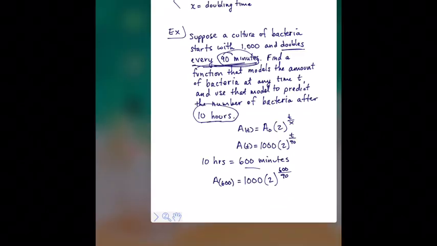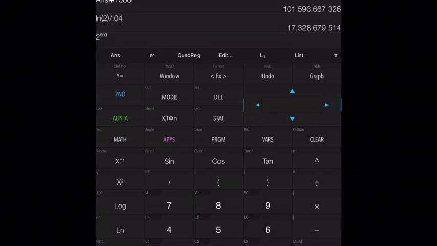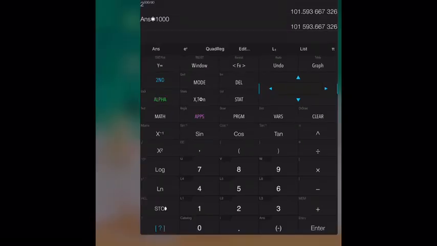And this is now a calculator problem. So 2 raised to a power of 600 over 90 is 101.59. We multiply that by 1,000, we get 101,594. I'm going to round up to the nearest whole number because we're not counting half of a bacteria.